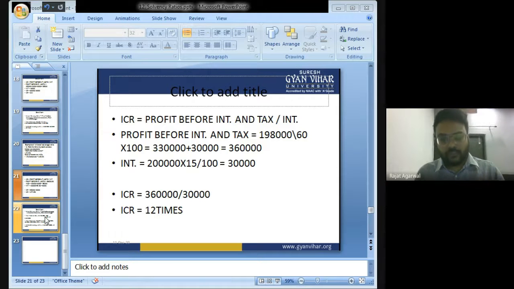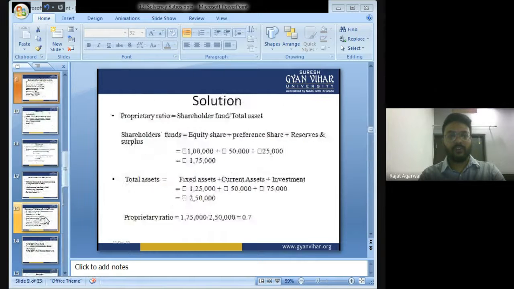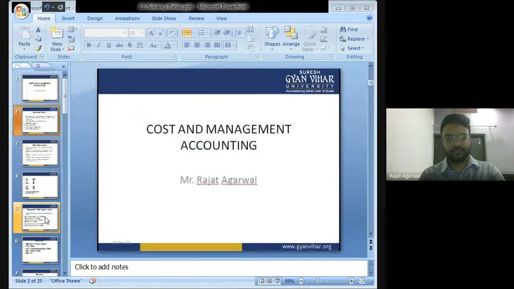So bachcho, this was the solvency ratio. Today we have covered the topic solvency ratio. I hope you all have understood it. Let us give a quick revision. What is solvency ratio?